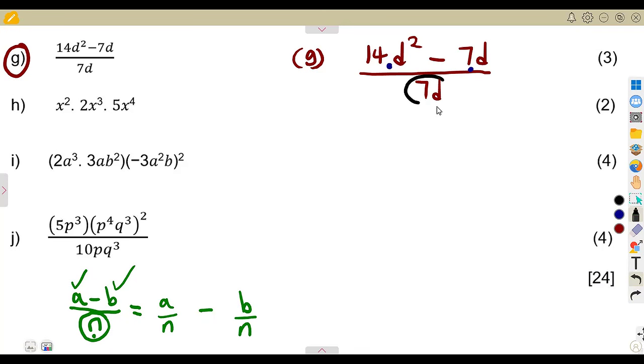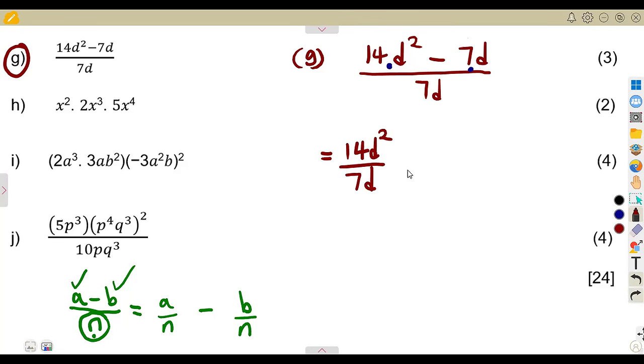So that is what we have here. There is 7D, which is a single term in the denominator. So you're going to separate this. You take this one over this, okay? You divide like that. So that's 14D squared over 7D. You also take this one like this.